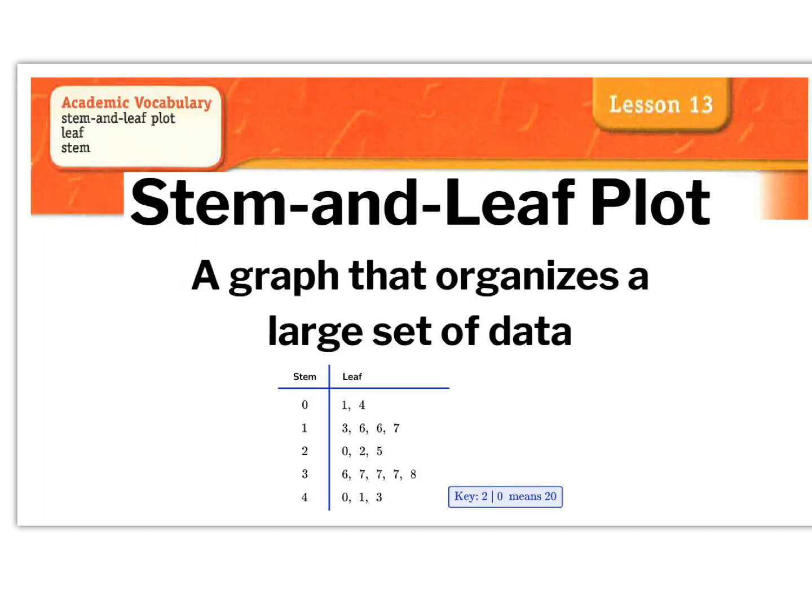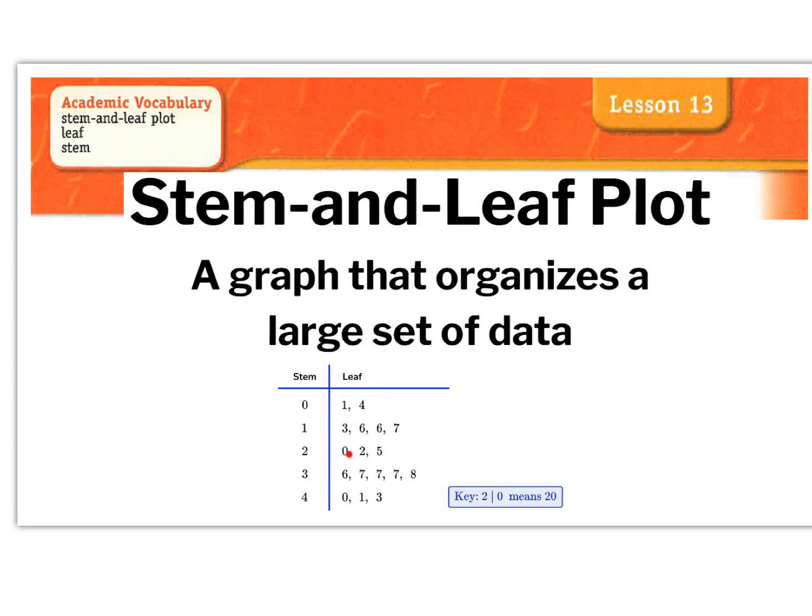All right, today we're going to look at stem and leaf plots. This is a graph that organizes a large set of data. So there's the stem and there's the leaf. Now, look at the key anytime you have a stem and leaf plot. If you have the 2 and then the slash, 0, that means 20, because on the left side is the stem and on the right side is the leaf.